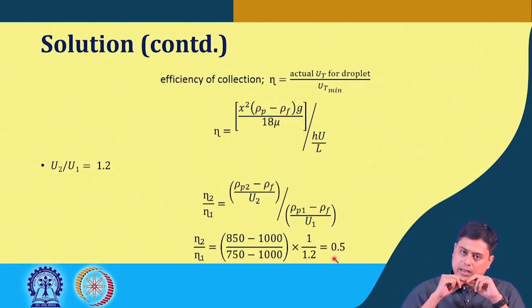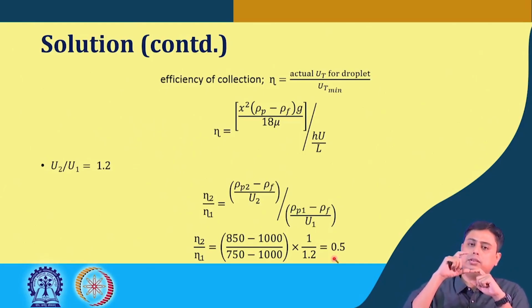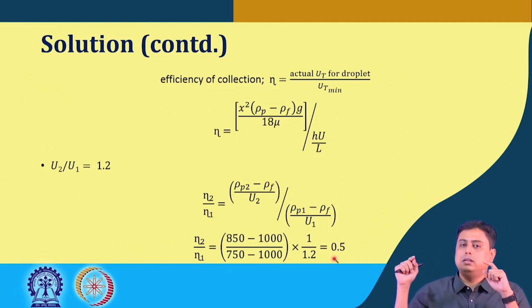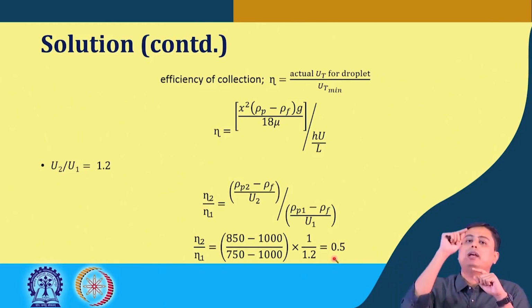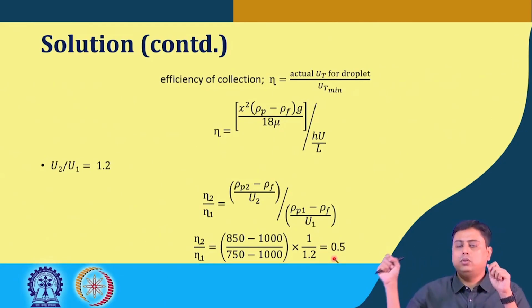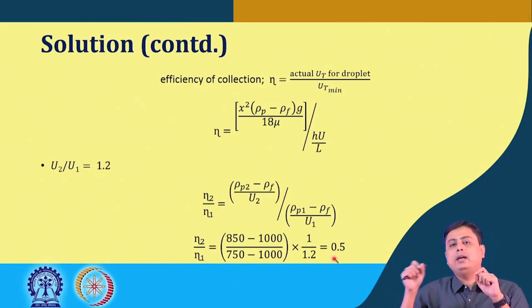But the horizontal distance between the two baffles is the same. So, as you increase its horizontal velocity, the time it takes to reach the rise velocity and the time it takes to reach the exit become comparable, and for some droplets this becomes even faster.